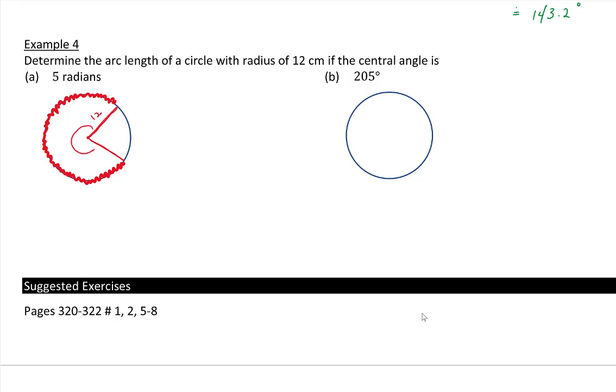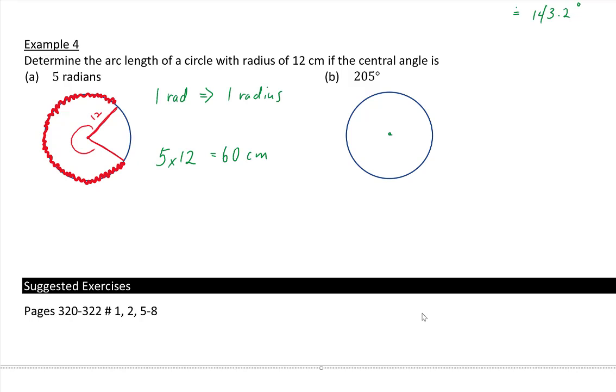With radians, it's much easier to determine your arc length. Remember that 1 radian is equivalent to traveling 1 radius. So if we've traveled 5 radians, we've traveled 5 radiuses around the circle. So all we have to do is take 5 times 12, and that tells us that we've traveled 60 centimeters around the circle.